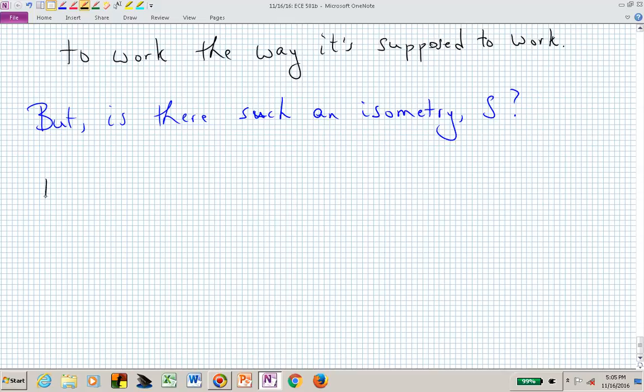Now let me just try to give you the big picture as to what's going on. We're really going to build this isometry in two pieces, in stages. The reason is because this linear operator may not be surjective, meaning it may not cover all of the output vector space. And for that reason, let's create this isometry in two pieces.